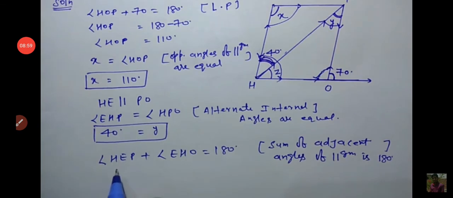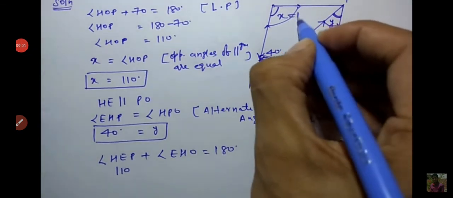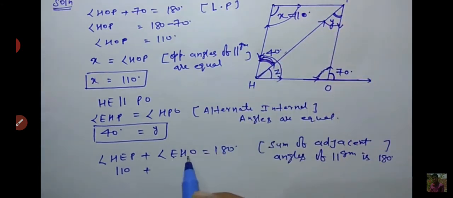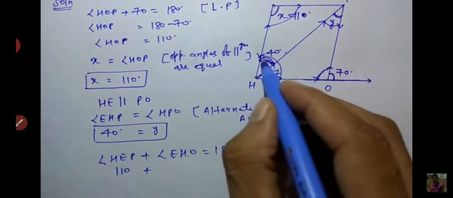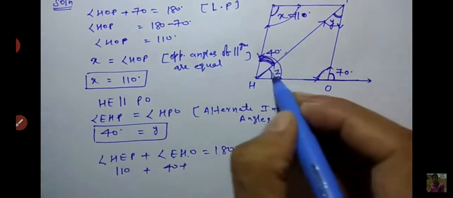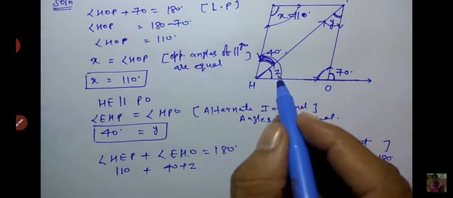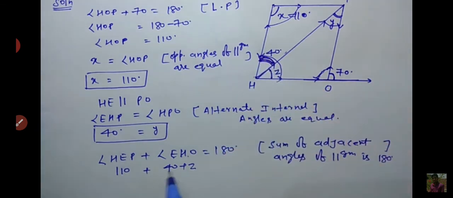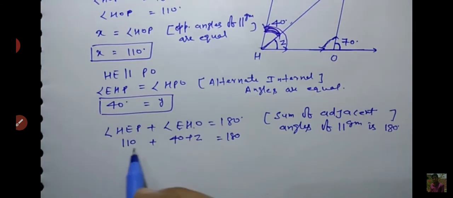Now see, X and 40 plus Z are adjacent angles of the parallelogram. So the sum of adjacent angles is 180 degrees. So we can write 110 plus 40 plus Z is equal to 180. Understand?